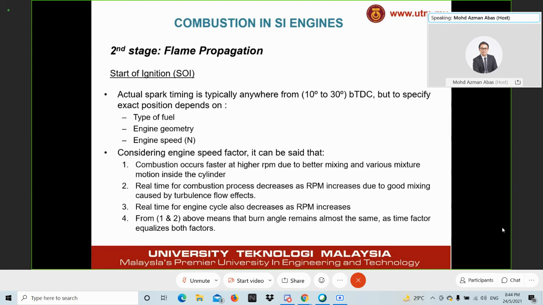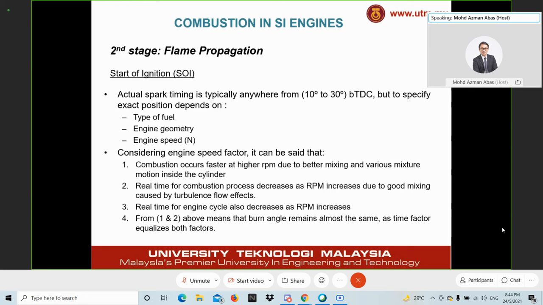So it varies. Considering the engine speed factor, it can be said that combustion occurs faster at higher RPM due to better mixing and mixture motion inside the cylinder by the swirl, turbulence, and other fluid motions.